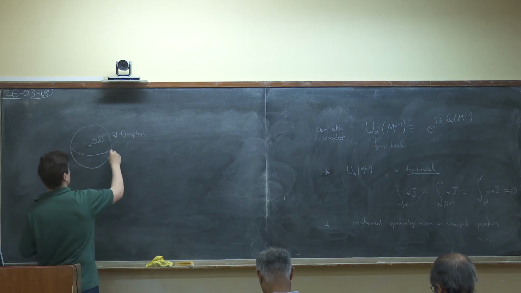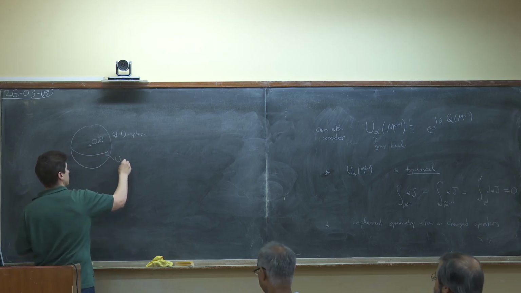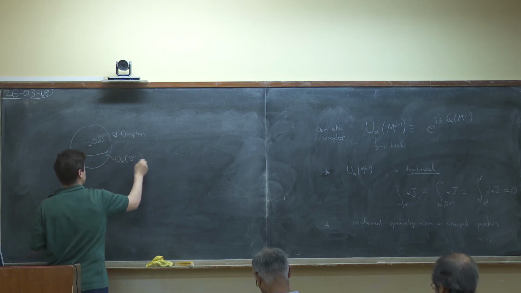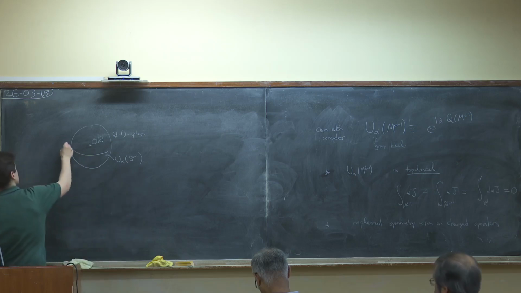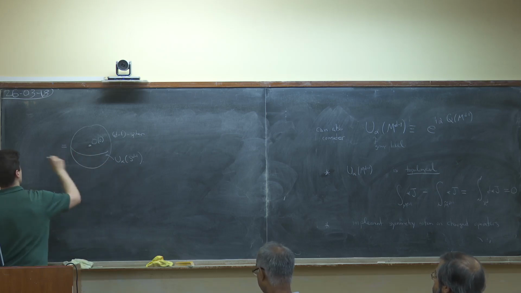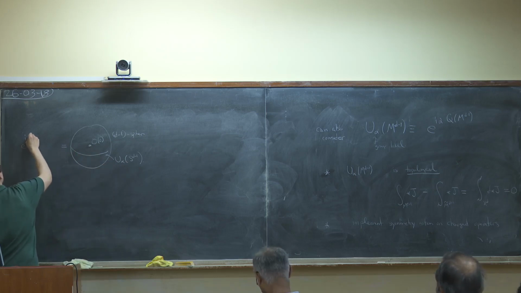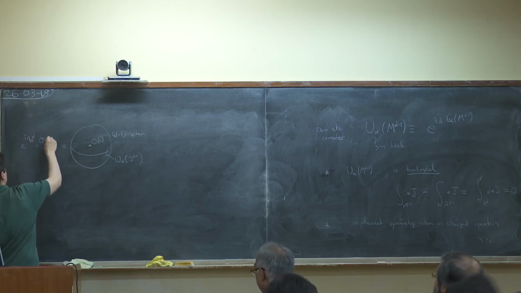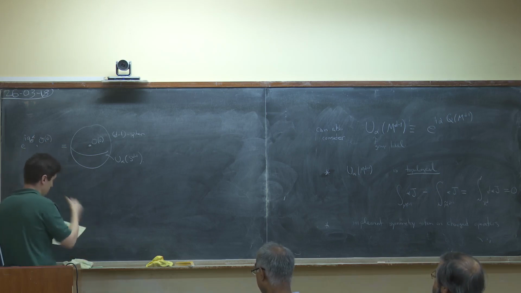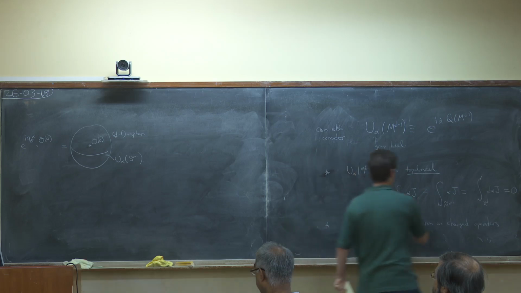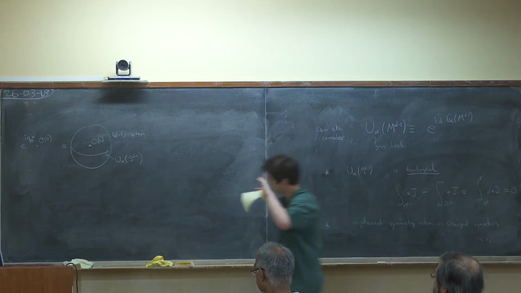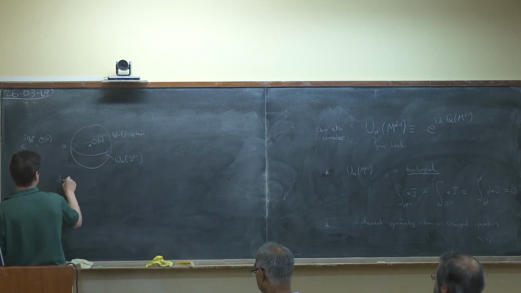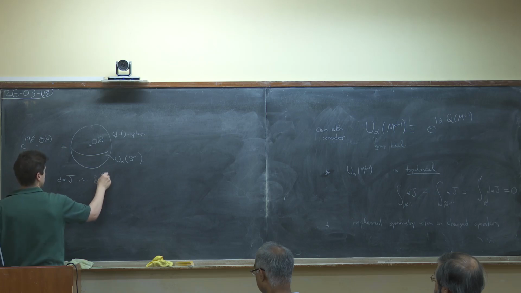On this (d-1)-sphere we put U_alpha of S^{d-1}. The claim is that I can remove this U_alpha, and I just get e^{i q(O) alpha} times this local operator sitting at the origin. How do we see this? It follows from remembering that there's a contact term in the Ward identity: d star j contains a delta function at the origin times the charge of the operator O.